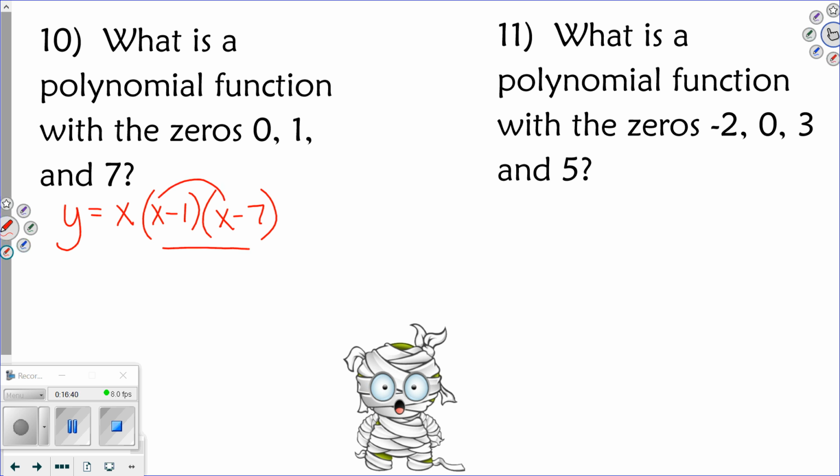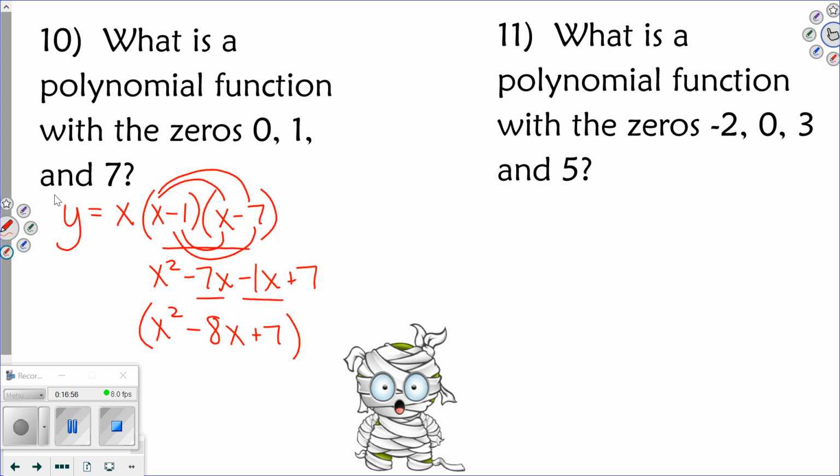So we should get x squared minus 7x minus 1x plus 7. Collect your like terms. So x squared minus 8x plus 7. All right, then bring down the x, and then we'll distribute here. So we get x cubed minus 8x squared plus 7x.